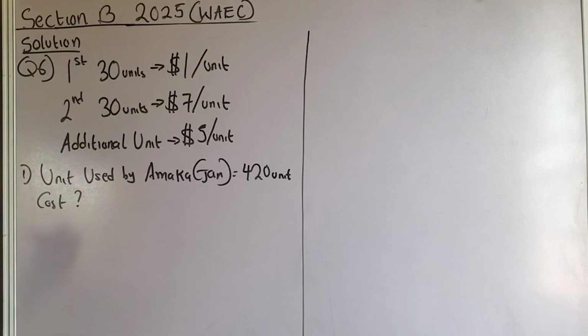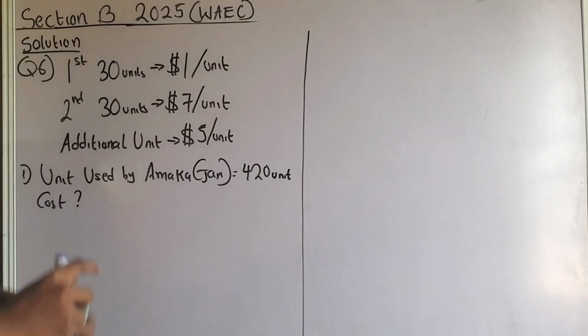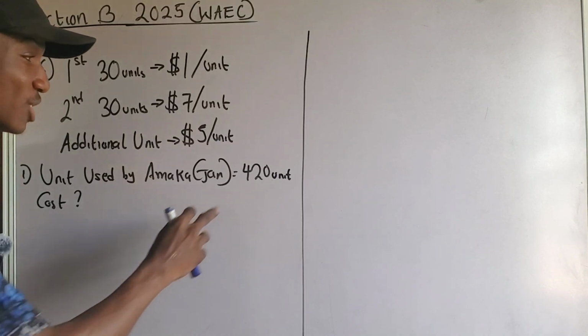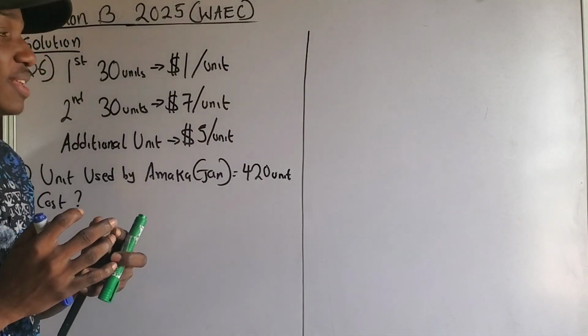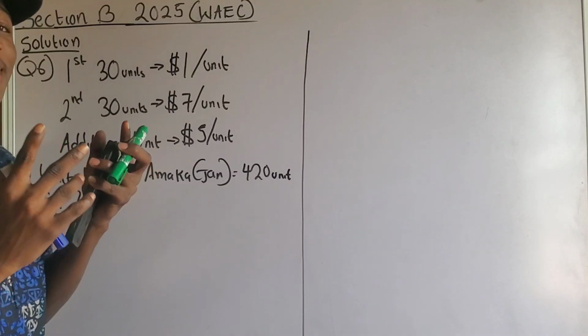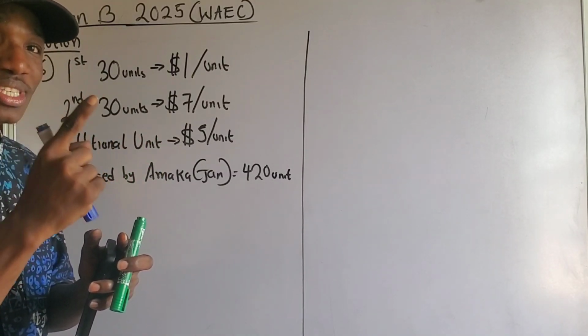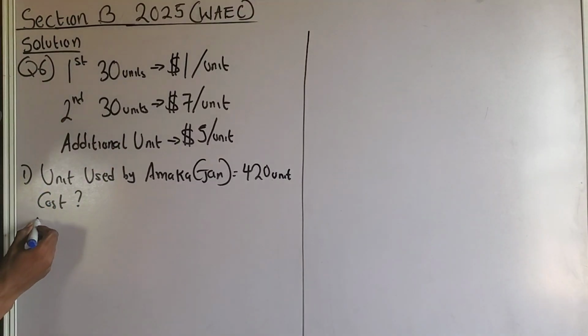Let's start the solution by finding the cost of the first 30 units. The total units of electricity that Amaka consumed in the month of January is 420. We want to start by calculating the cost of the first 30 units she consumed.